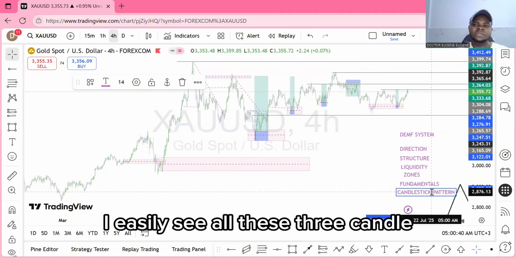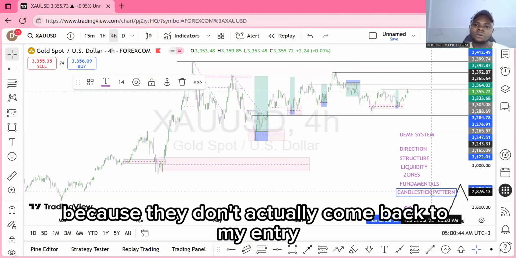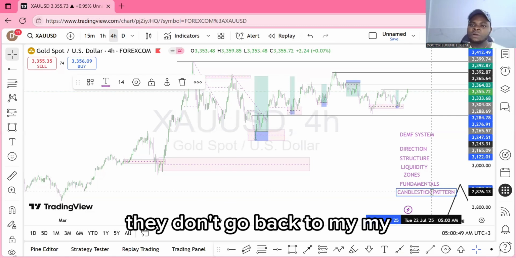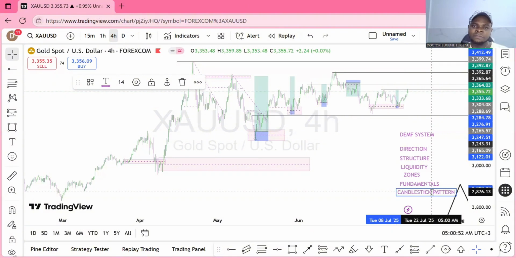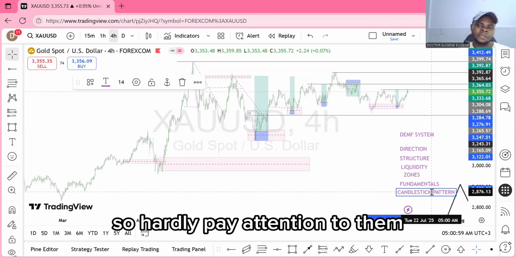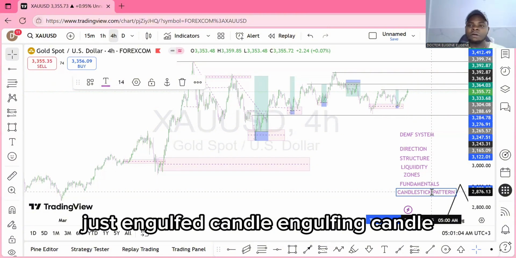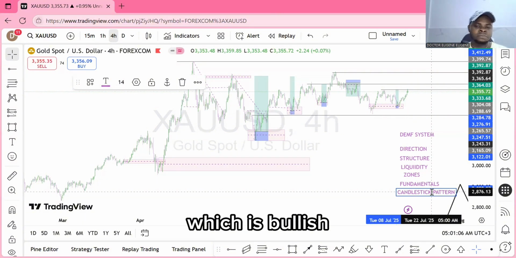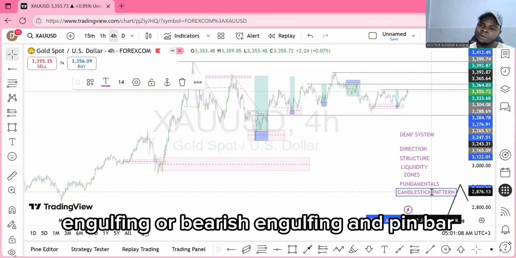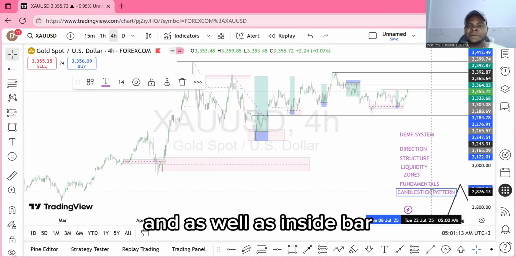I easily see all these tweezer candles, but I hardly pay attention to them because they don't actually come back to my entry. They don't go back to my pending order after they are formed. The only ones I pay much attention to are the engulfing candle, which is bullish engulfing or bearish engulfing, the pin bar, and the inside bar.